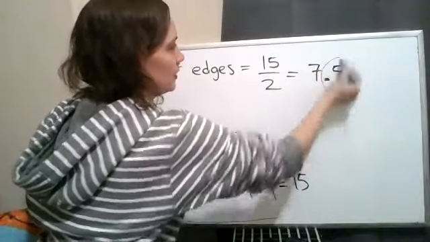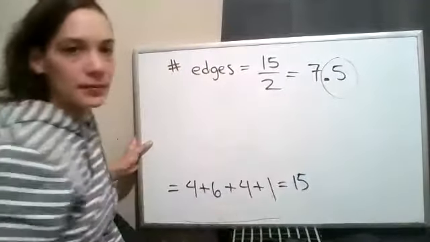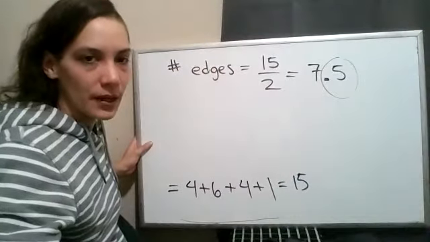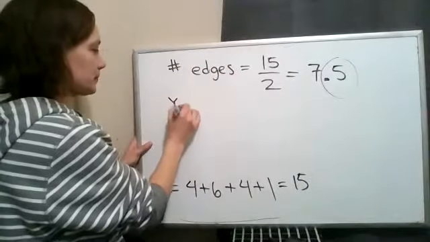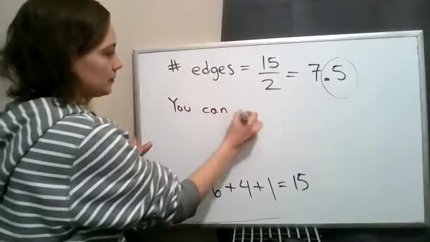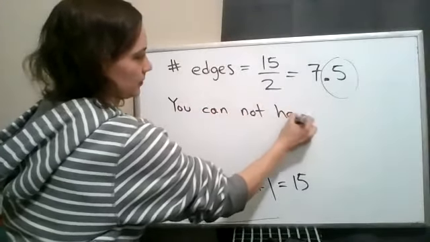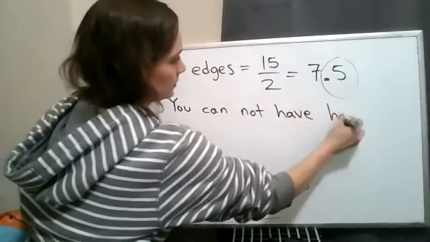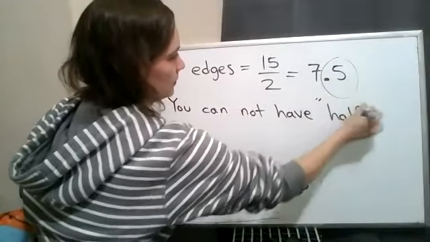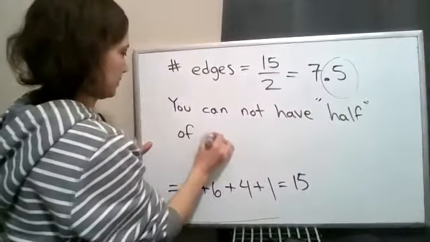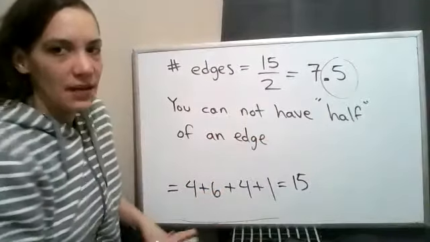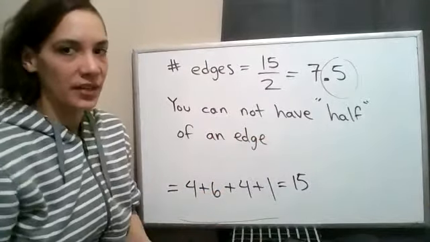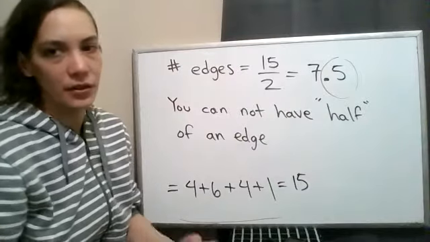There's an issue here. You cannot have half of an edge. Just like you can't have half of a handshake or half of a connection. It just has to be a full connection or no connection.